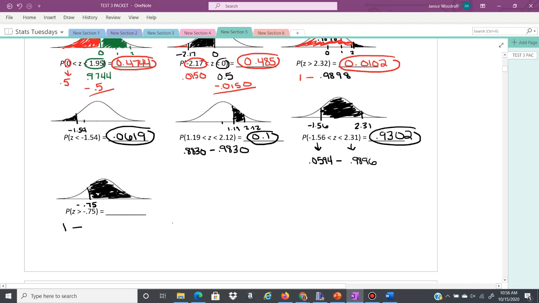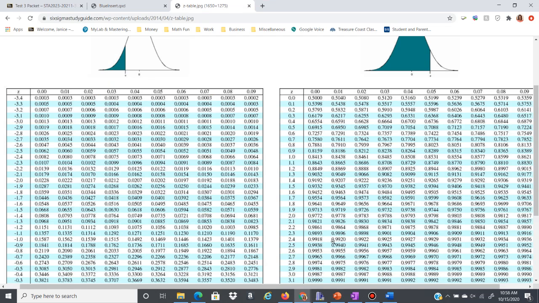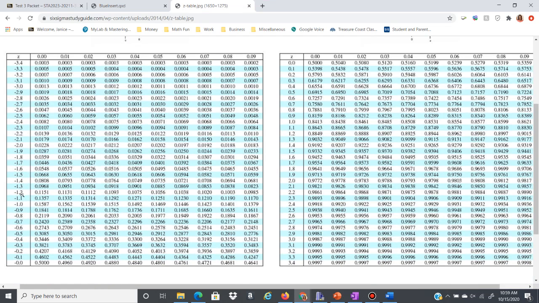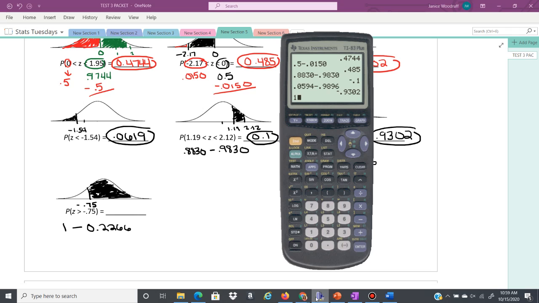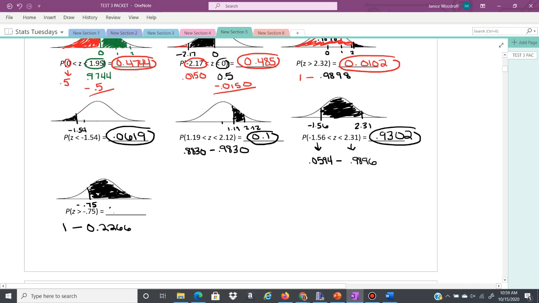Okay, so negative 0.75. So negative 0.7. And then 5 is 0.2266. So 1 minus 0.2266 is going to be 0.7734.